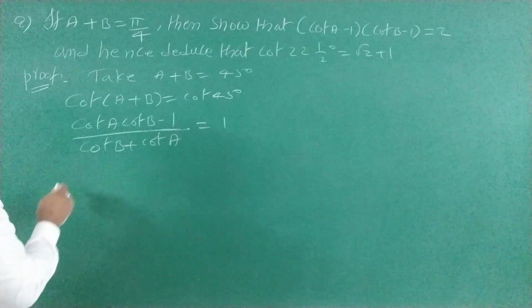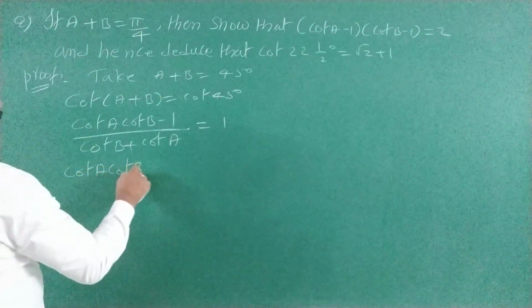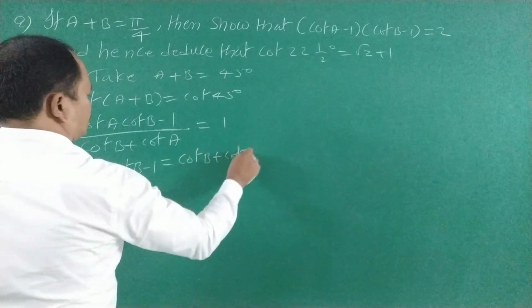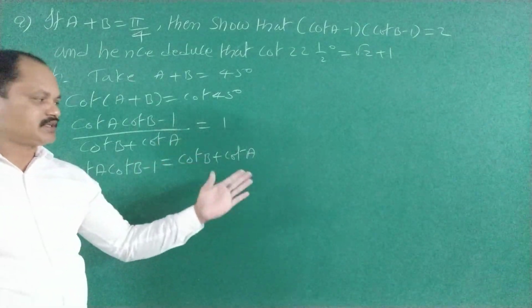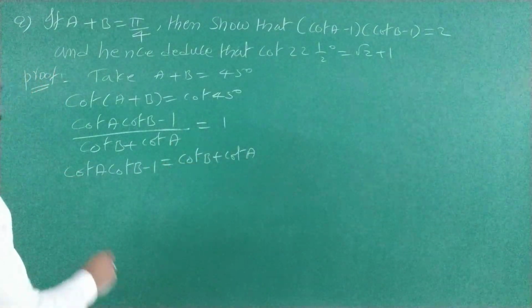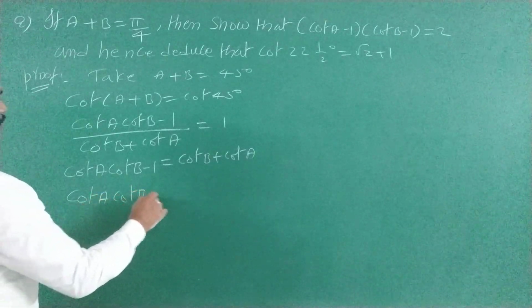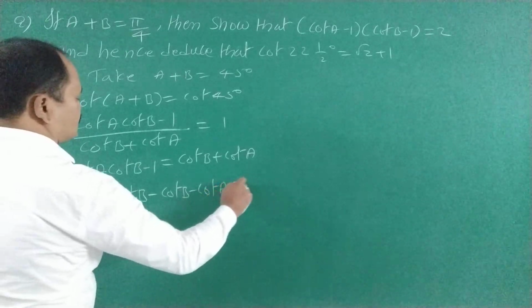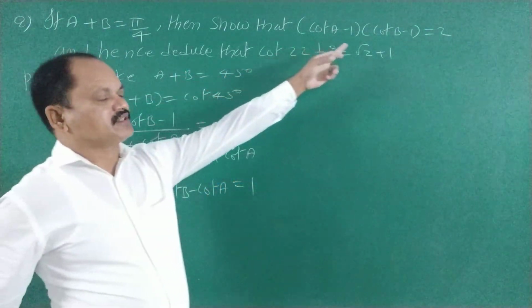Apply cross multiplication. Then it is cot a cot b minus 1 is equal to cot b plus cot a. That's all. Now shift minus 1 to RHS, this one to LHS. Then it is cot a cot b minus cot b minus cot a is equal to 1. Again, observe in the question there is 2.